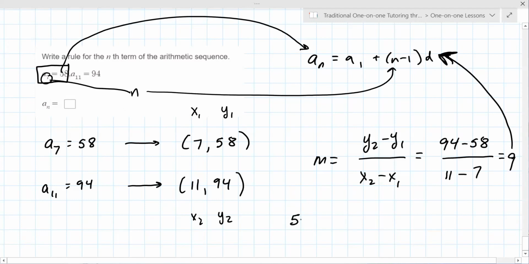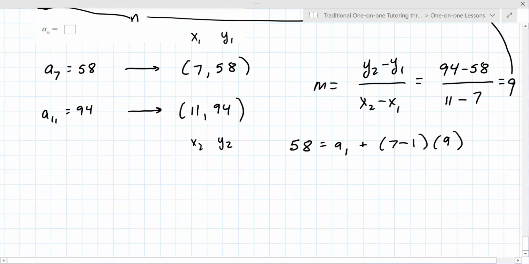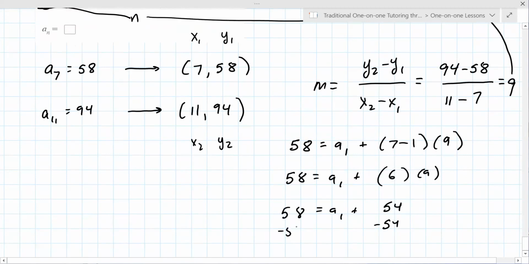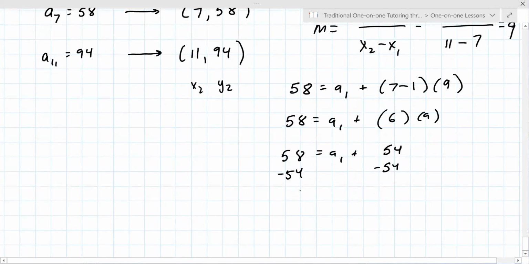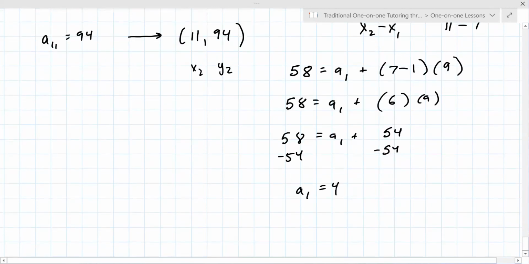So you write the 58 equals a1 plus your n value, which is 7, minus 1 times 9. Okay, and you solve this for a1. So your a1 ends up equaling 4.